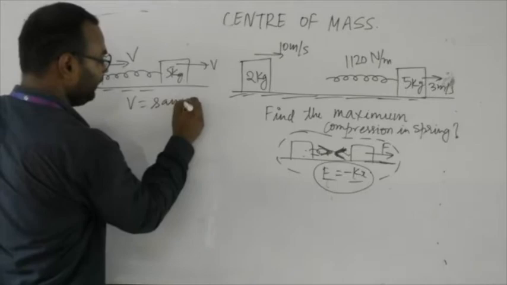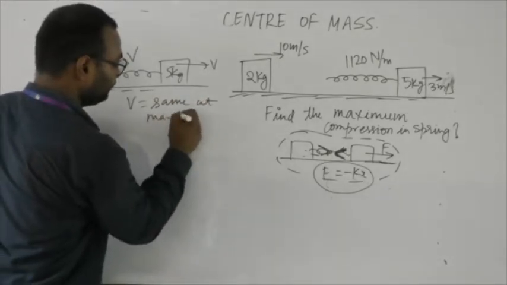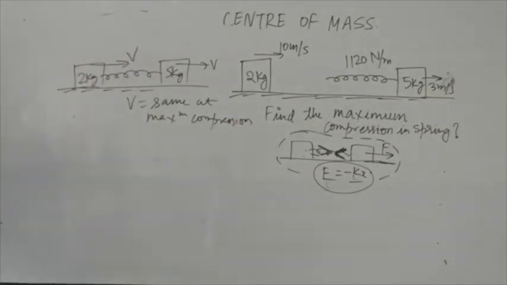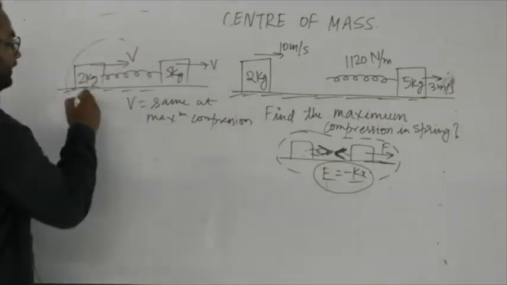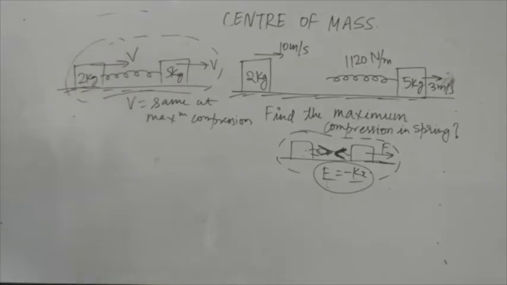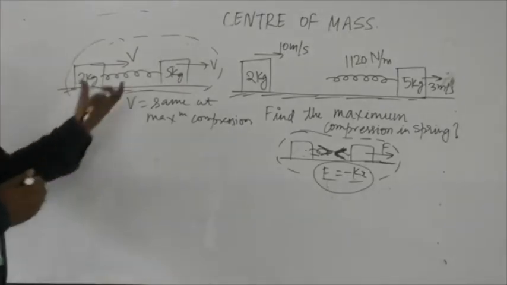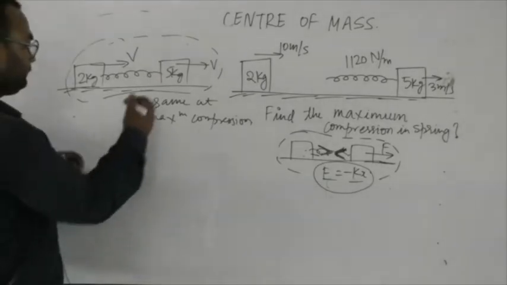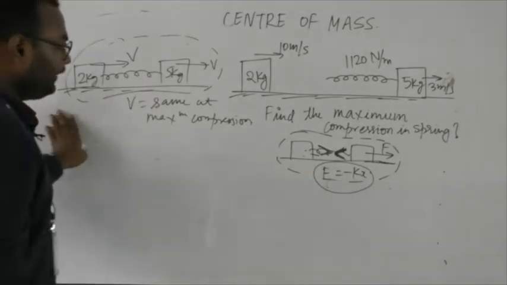V is the same at maximum compression. And again the spring force, as a system, will have all the internal forces equal and opposite. Right? Now, how will you do it?